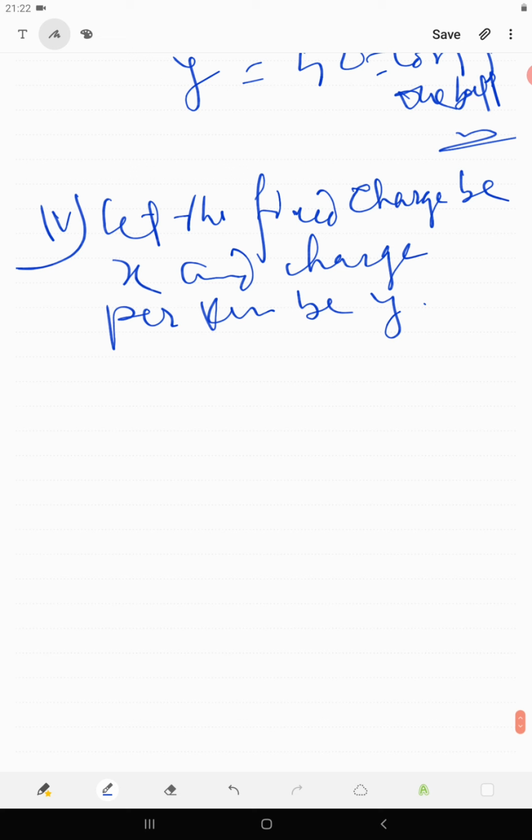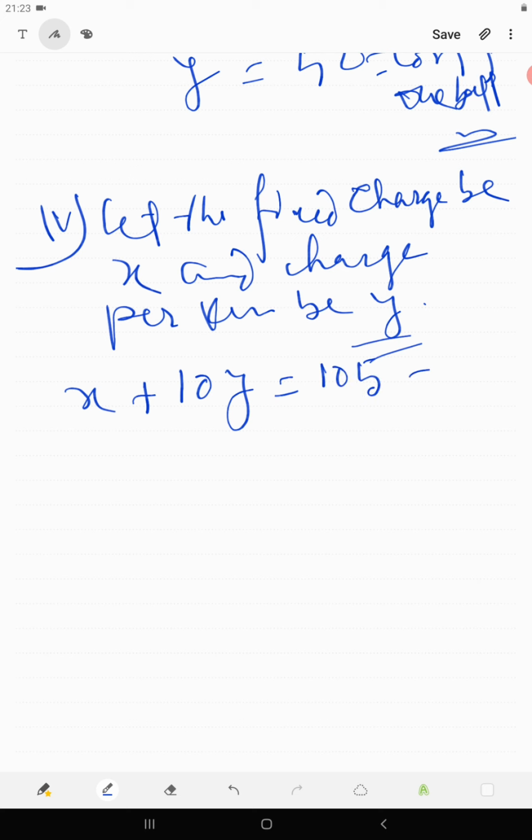Of course if you are going for 10 kilometer, there will be a fixed charge of x, plus since we have gone 10 kilometer and the charge per kilometer is y, for 10 kilometer it will be 10y. So x plus 10y is given as 105.